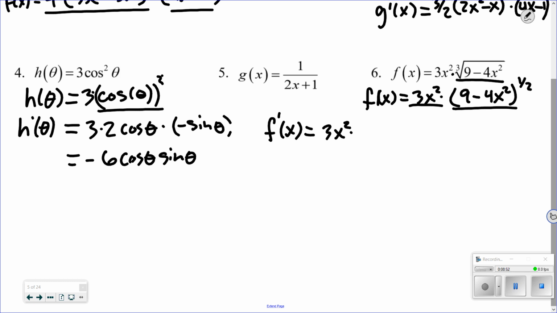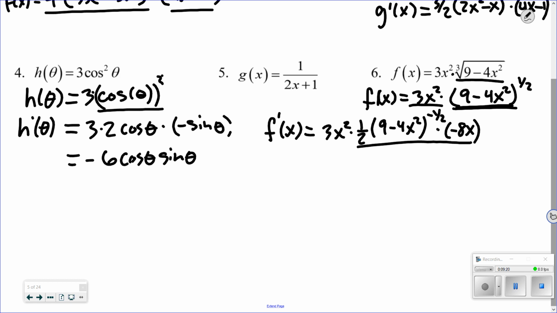I've got the 1/2 on the outside, it's the outside function, and 9 minus 4x squared on the inside. So the 1/2 drops down, 1/2 times 9 minus 4x squared to the negative 1/2 times the derivative of the inside, which is a negative 8x. That whole thing right there is just the derivative of my second function.